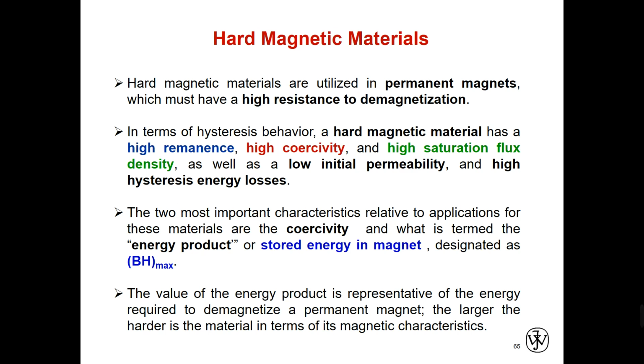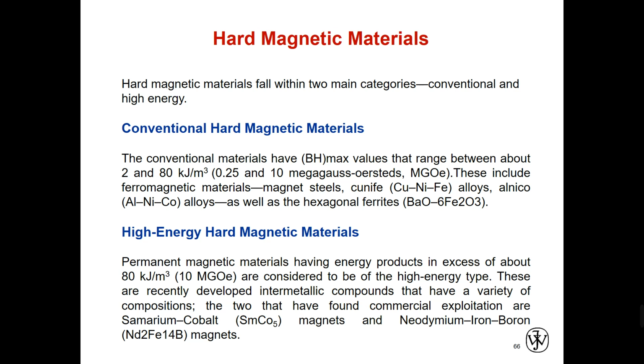The two most important characteristics for applications are coercivity, or coercive force, and the energy product, or stored energy in the magnet, designated BH max. B is flux density, H is field strength. The energy product represents the energy required to demagnetize a permanent magnet. The larger it is, the harder the material is in terms of magnetic characteristics.